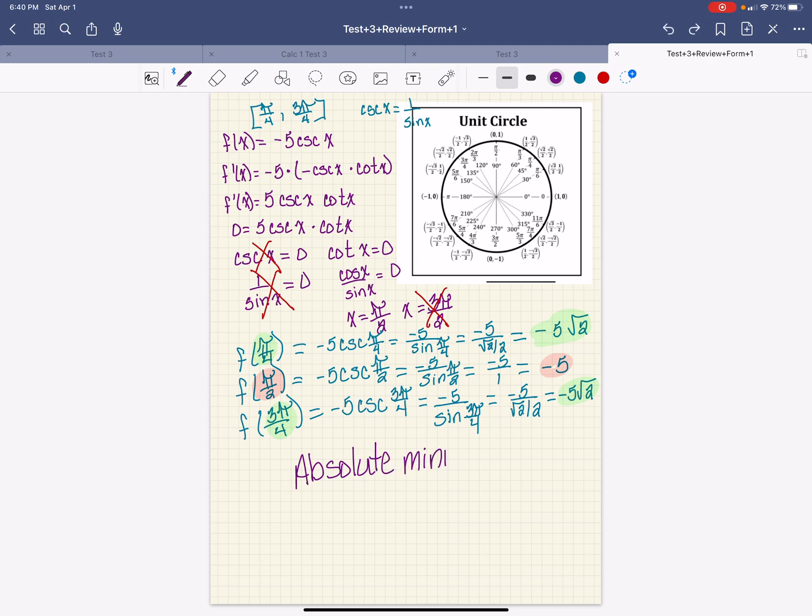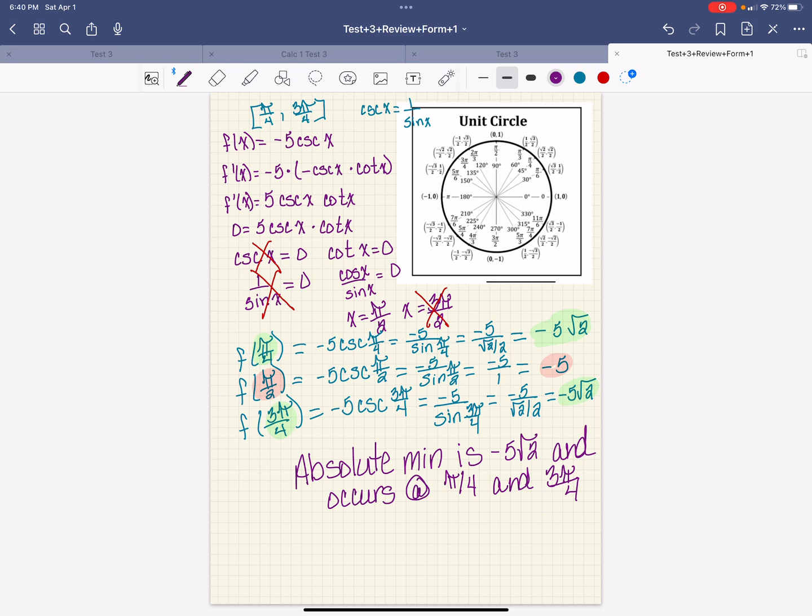Okay, our absolute minimum is negative 5 on the square root of 2 and occurs at pi over 4 and 3 pi over 4.